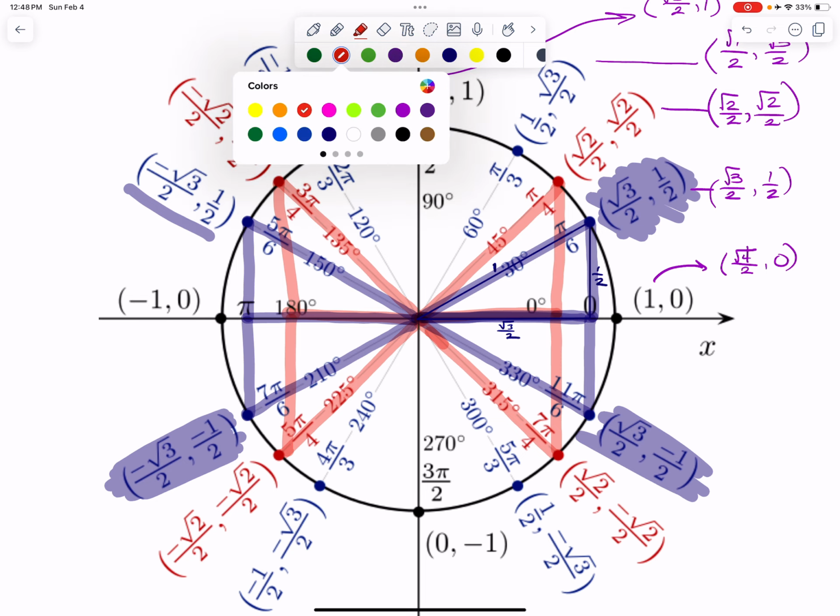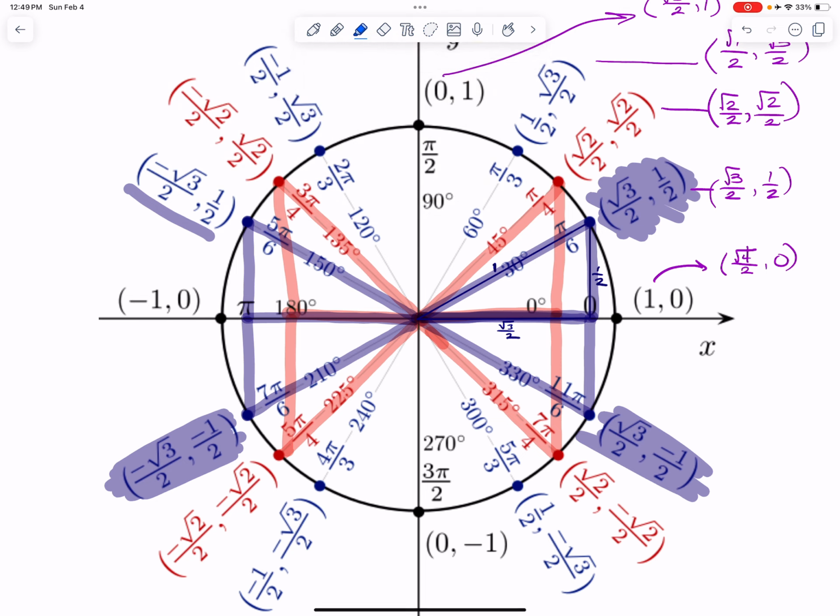Let's see if we can find these. Here is my pi over 3 family.